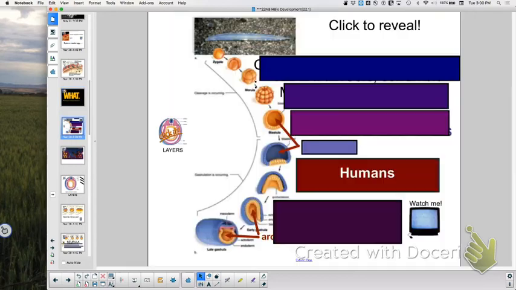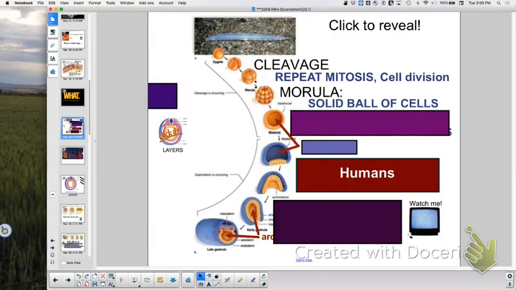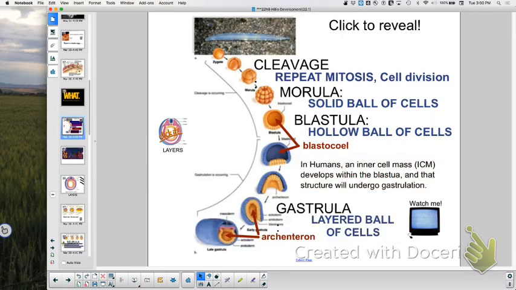The what is, we just learned the stages of development and key characteristics of each stage. And one thing we walked away from in that process is knowing that the amount of yolk you have can affect how the cells and tissues move, because the yolk would get in the way.